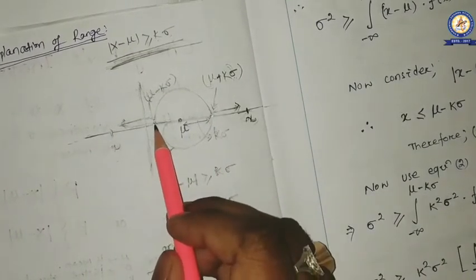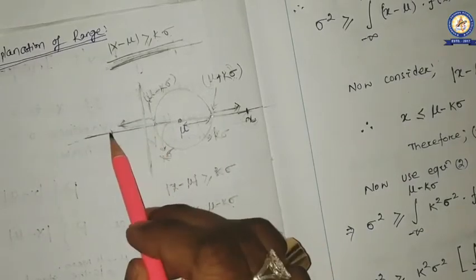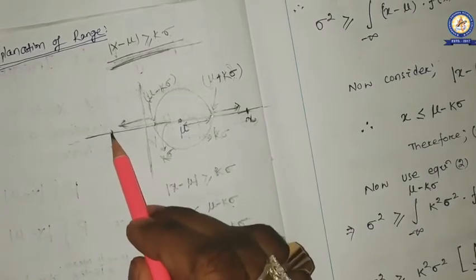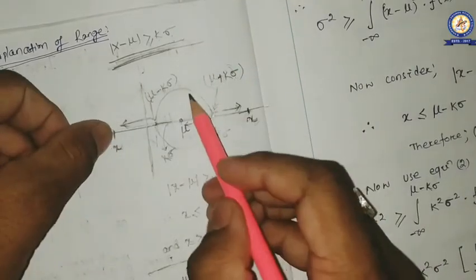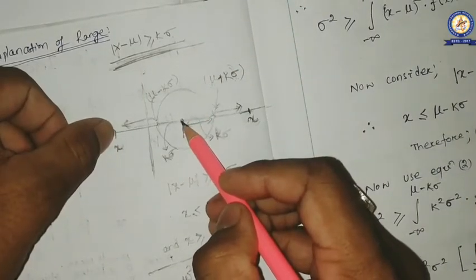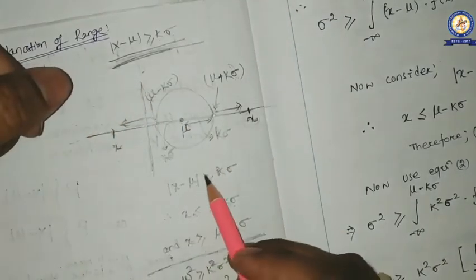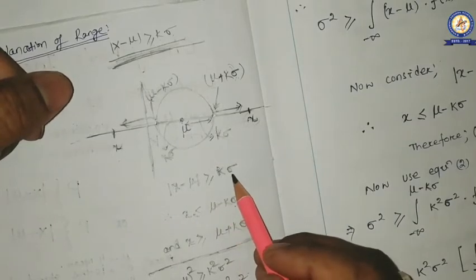Likewise, you can consider any point beyond this side. Suppose you consider this one, this is a point belonging to x. So |x minus mu| is this much distance, obviously greater than this distance. So |x minus mu| is greater than or equal to k sigma.